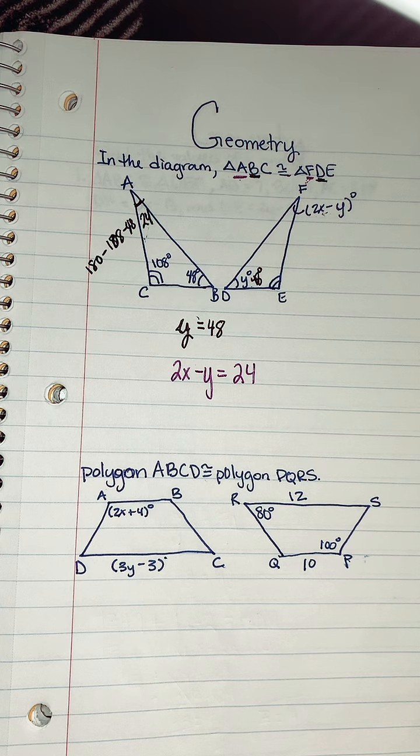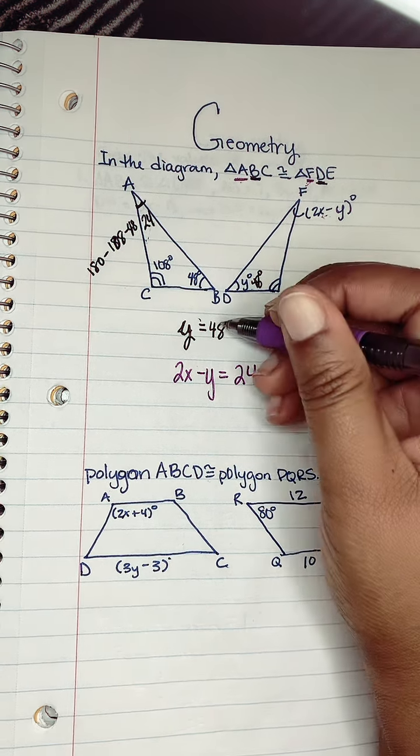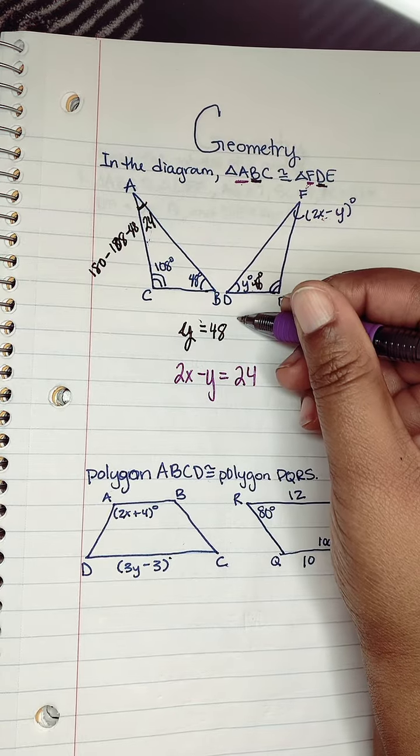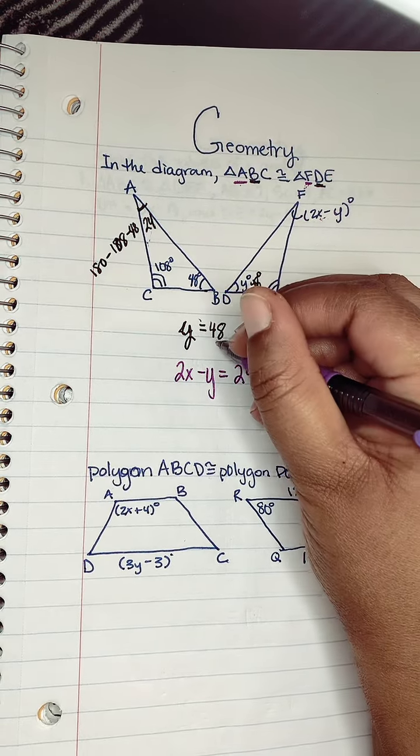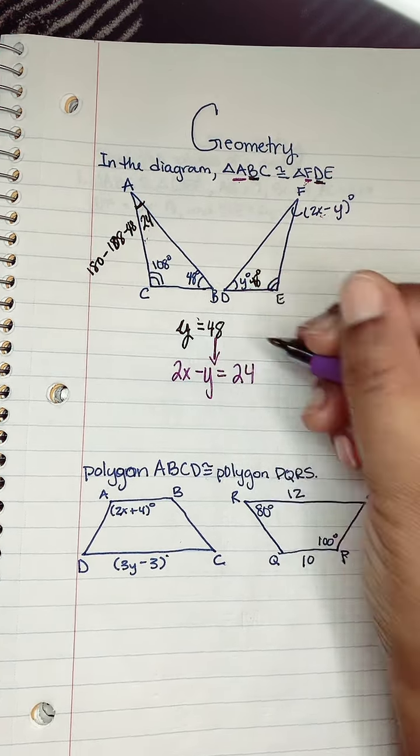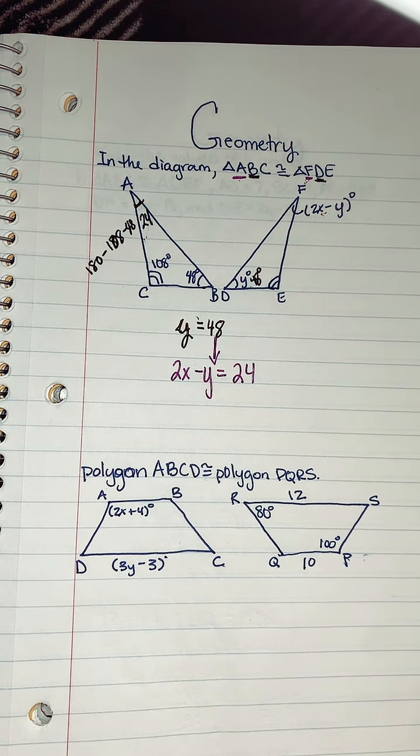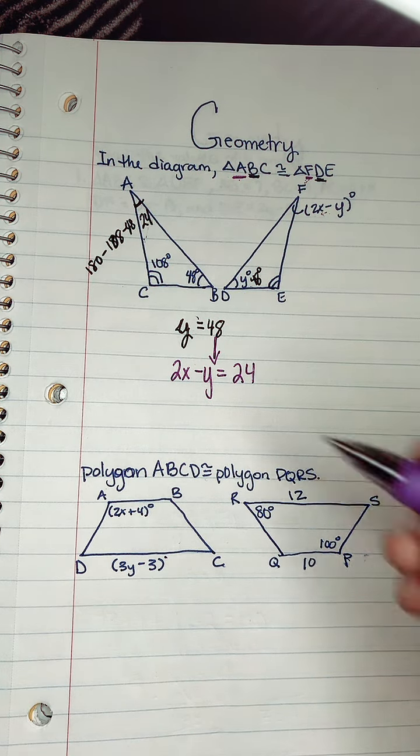So 28x minus 48. Oh, 2x, 28x. So remember, we already solved for y. So we can plug in. There we go. Kate said 48 plugs into the y, correct? Yes, Kate.